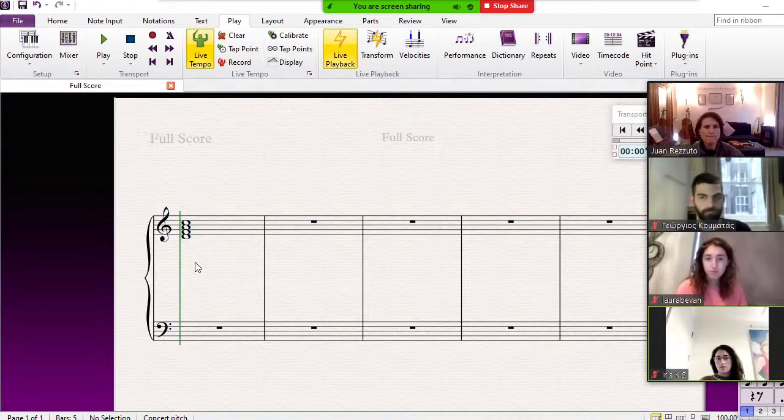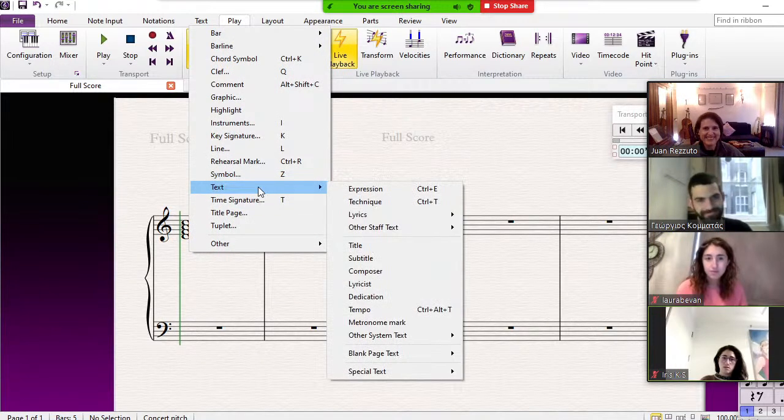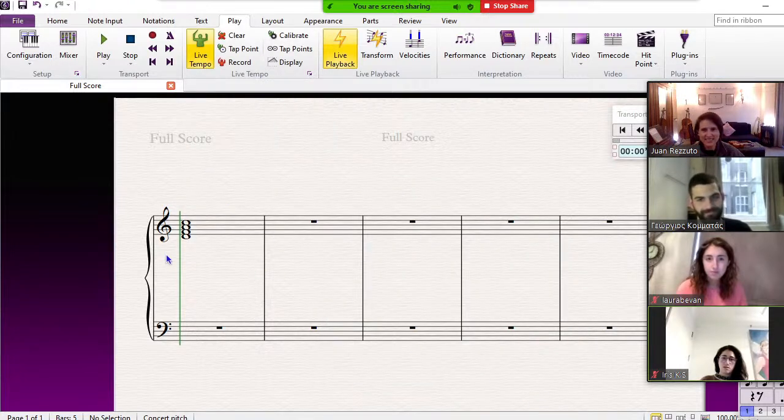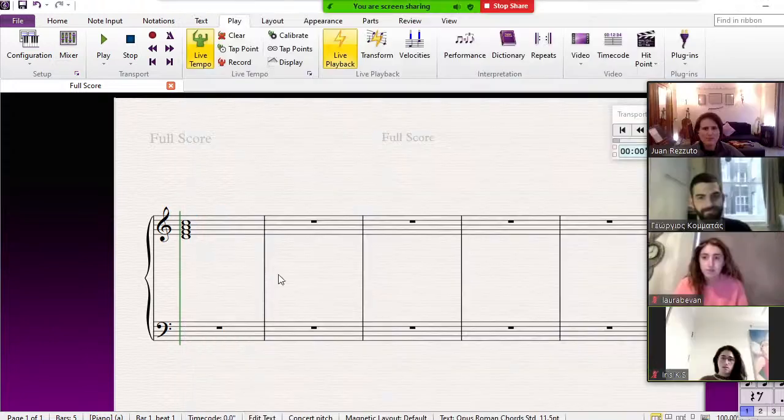What is it? Yes, Georgi. 7. Not that complicated, right? This didn't have any hidden messages. Yes, the 7.